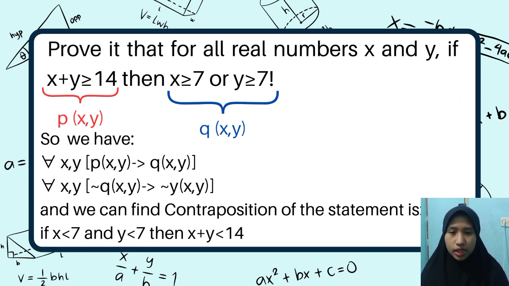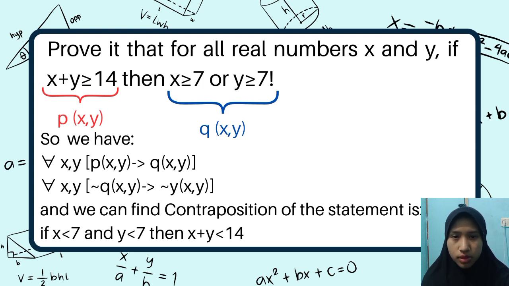Prove that for all real numbers x and y, if x plus y is greater than or equal to 14, then x is greater than or equal to 7 or y is greater than or equal to 7. From that question, we find that x plus y greater than or equal to 14 is P(x,y) and x greater than or equal to 7 or y greater than or equal to 7 is Q(x,y).